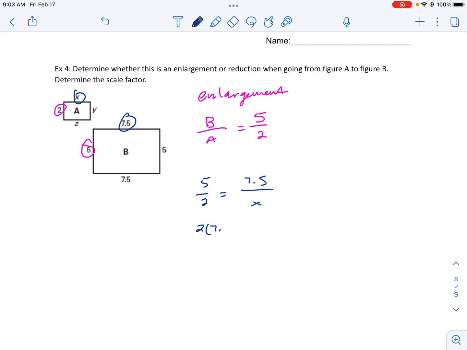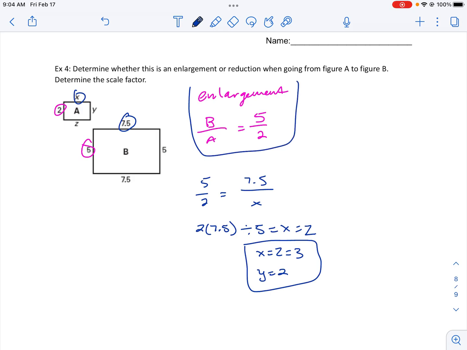So I have 2 times 7.5 divided by 5 equals X, which also happens to equal Z. When I go through that, X and Z both equal 3, and Y we also know is associated with the 2. So there's some other information on that.